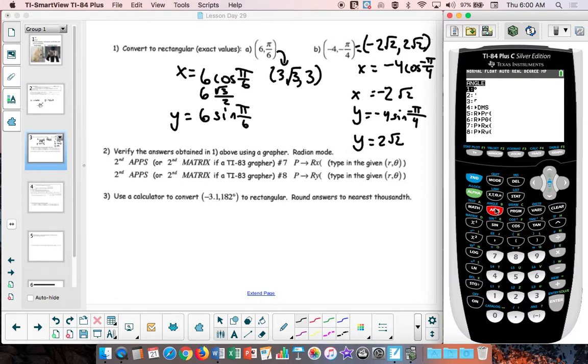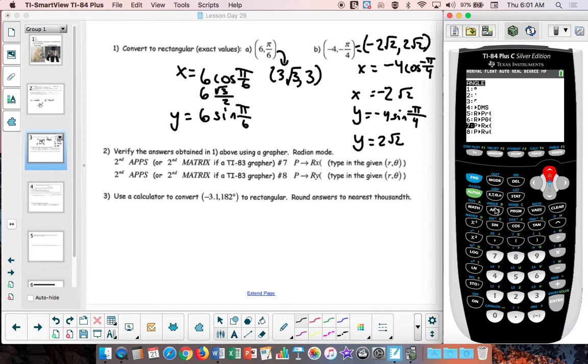But we're going to scroll down to, I believe, I always forget which one, P to Rx. So this is polar to rectangular x coordinate. And then we'll repeat the process for number 8, which is polar to rectangular y-coordinate, basically.